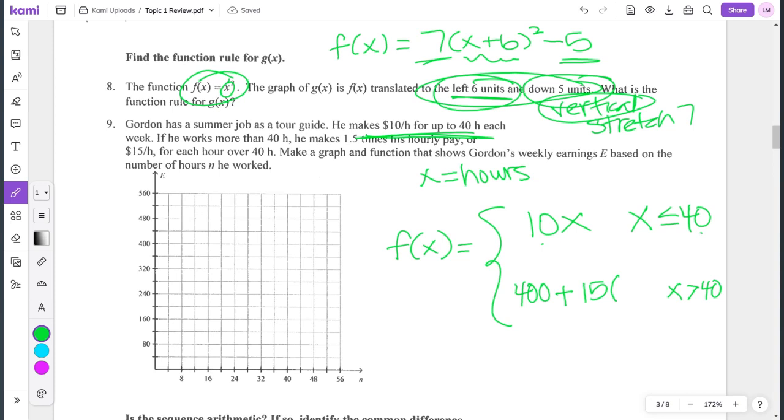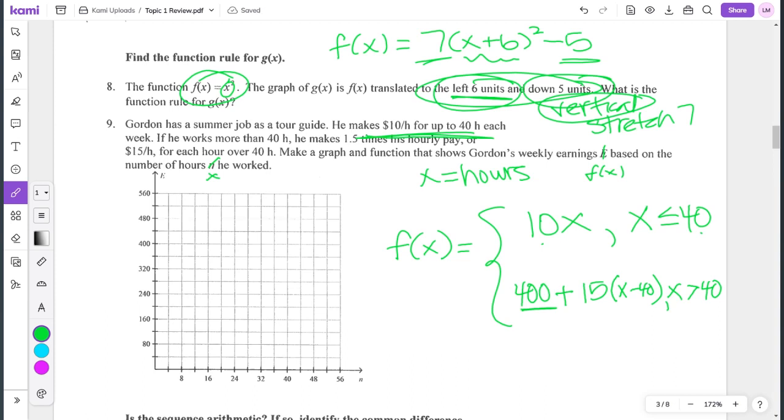So I need to take the hours that he works and subtract the 40 out because he's already getting that pay. All right, so those are my 2 equations, right? Then I'm going to graph that, and I used f of x and x for my variables instead of what they told me to use.